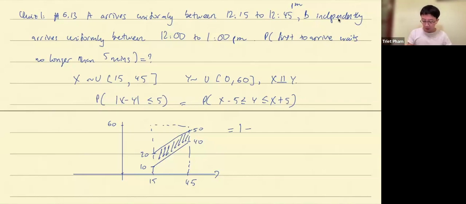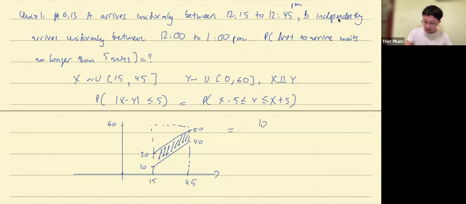For me, I want to use the geometrical argument: the area of a parallelogram is base times height. The base is 10.